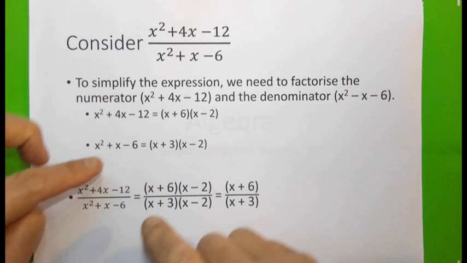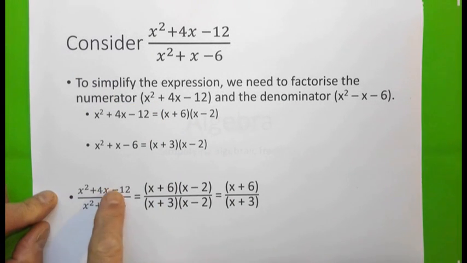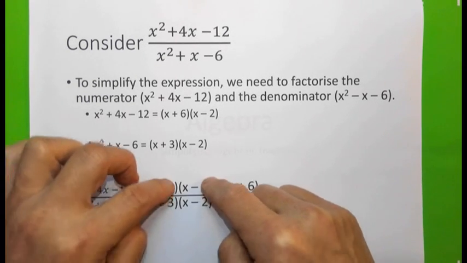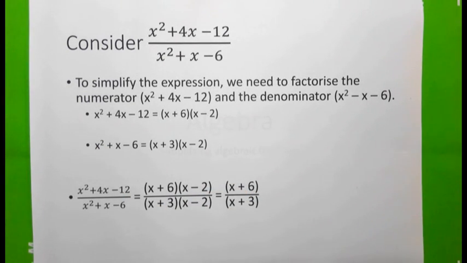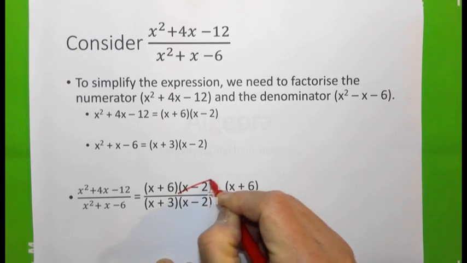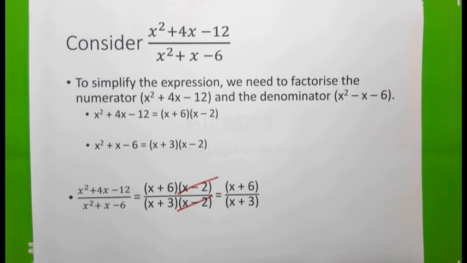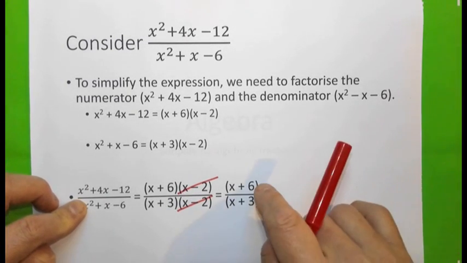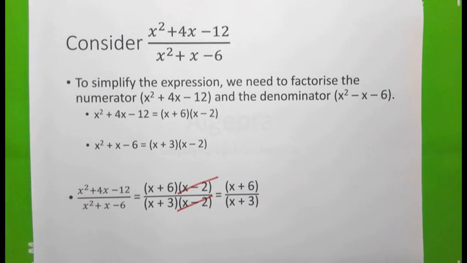Therefore, what we can do is rewrite this algebraic expression as two binomial products. What happened now is we can actually eliminate x minus 2 and x minus 2. Therefore, this algebraic fraction simplifies to x plus 6 over x plus 3.